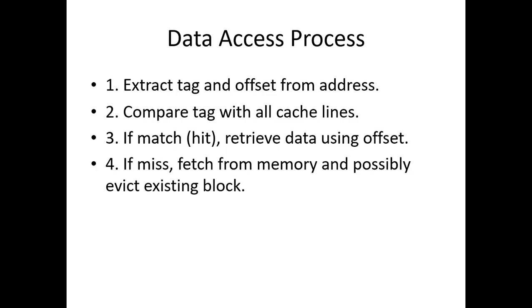If it is not a match, then we call it a cache miss, and the data is fetched from the main memory and loaded into the cache line. One of the existing blocks may be evicted based on the replacement policies we talked about, like the least recently used policy.